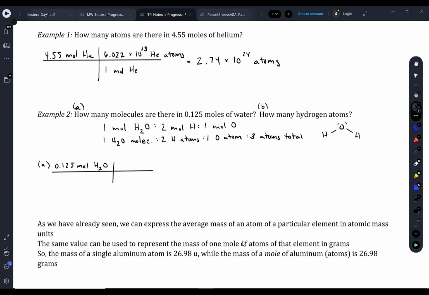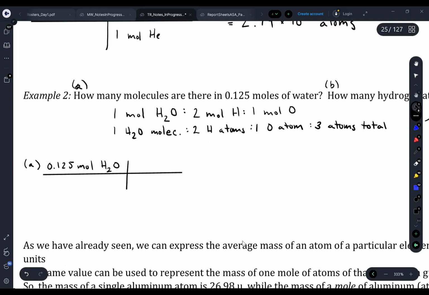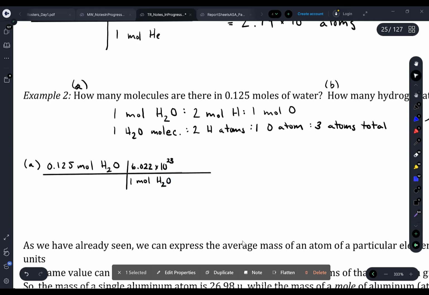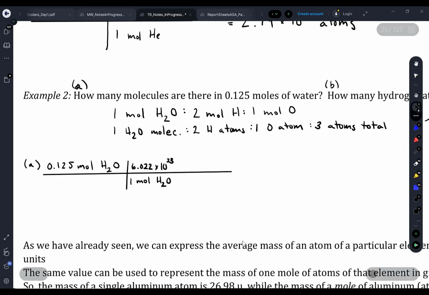So to go to number of molecules of water, all we have to do is say, just like we did in the previous problem, 1 mole of the thing we're talking about, H2O, contains Avogadro's number of whatever we're describing. And in this case, the thing we're describing is H2O molecules.